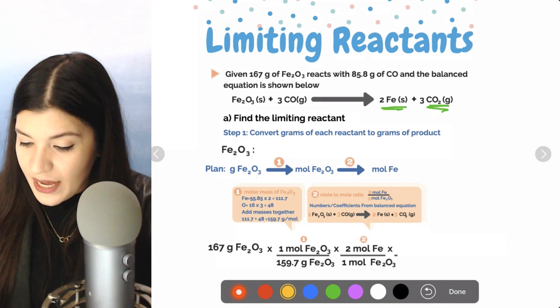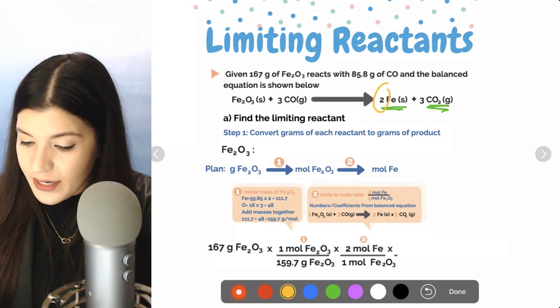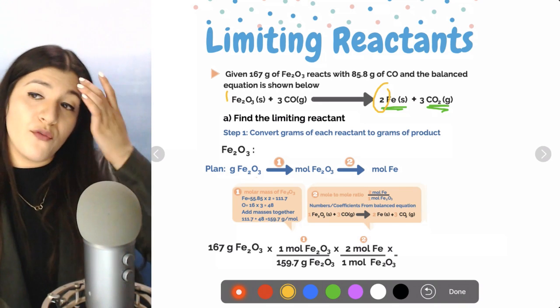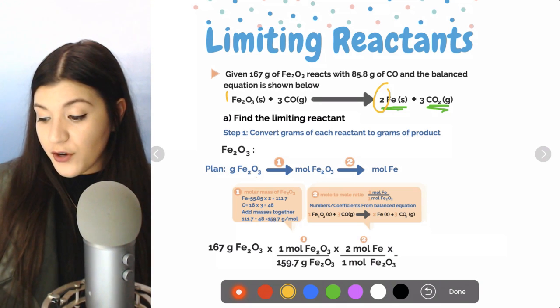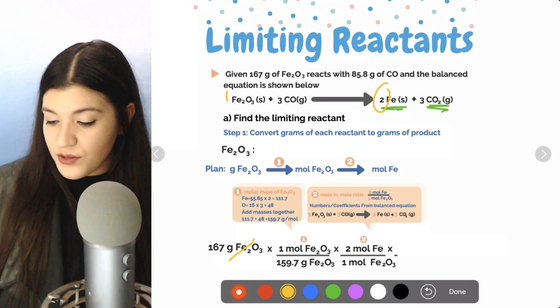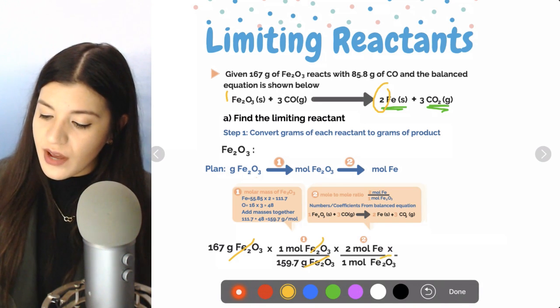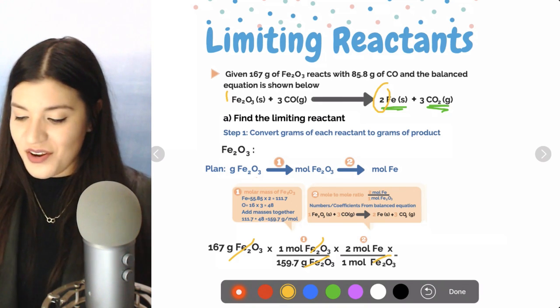So we'll see that we have 2 moles of iron per every 1 mole. Even if it's not stated, assume there's a 1 if there's no coefficient in front, okay? So there's only 1 mole of iron oxide. And let's cancel things out. So our grams of iron oxide would cancel. Moles of iron oxide would also cancel. And we're at moles of iron. Okay, almost there.